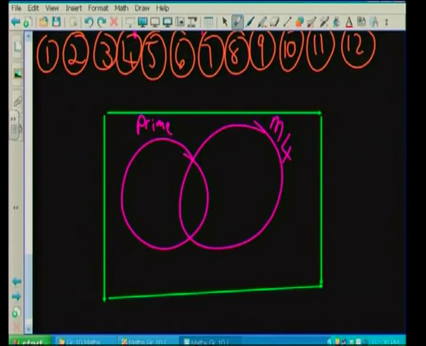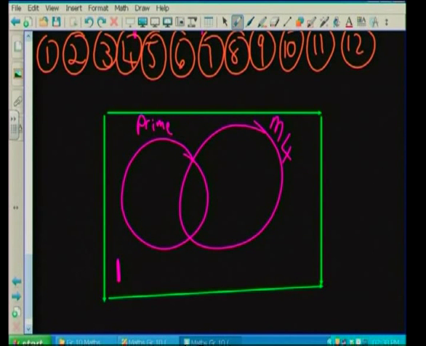Then I'm going to go systematically through my list of numbers. So let's have a look at the number 1. Is it a prime number? No. Is it a multiple of 4? No. So the number 1 has no place in the prime number circle or in the multiple of 4 circle, so I'm going to put 1 outside. Right.